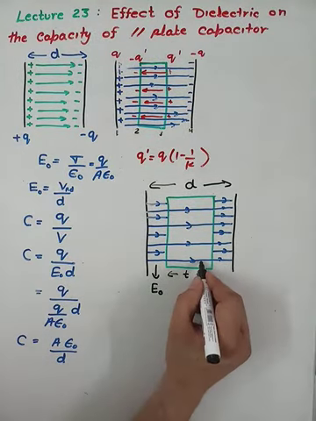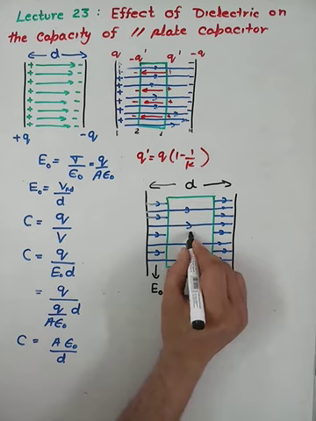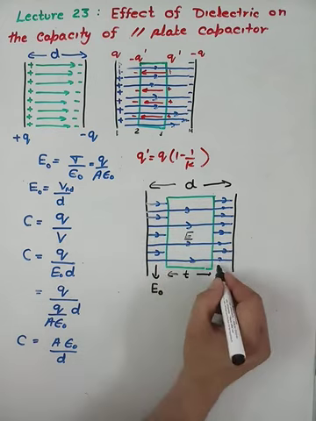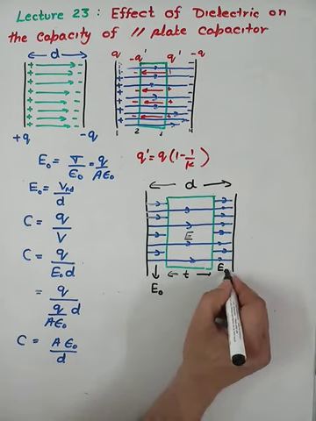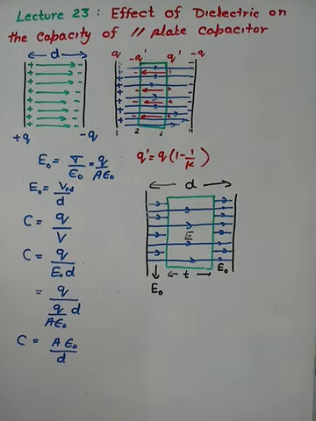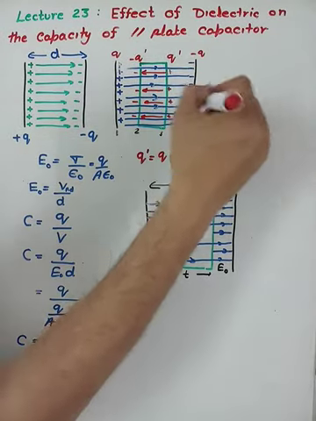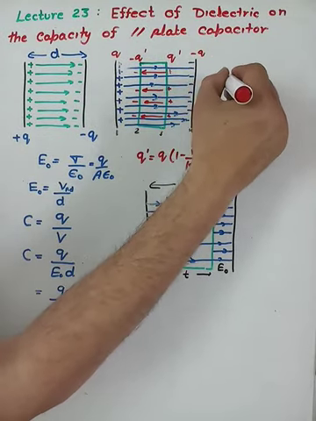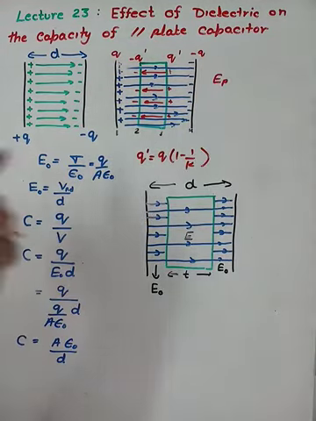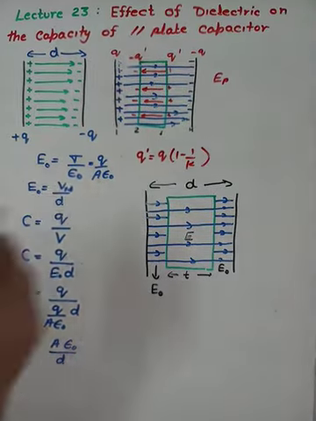The field inside the medium is now E M, medium, simple E. This is the field inside the medium. Again this is E naught. And the field by these red lines is E P. The field due to the red lines is E P.